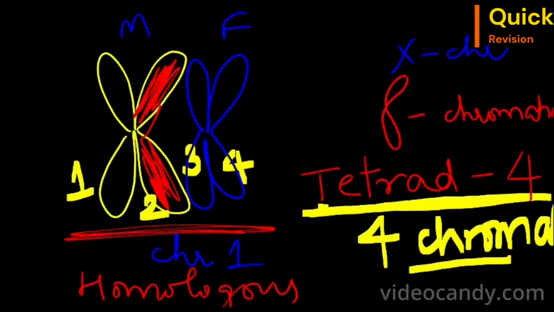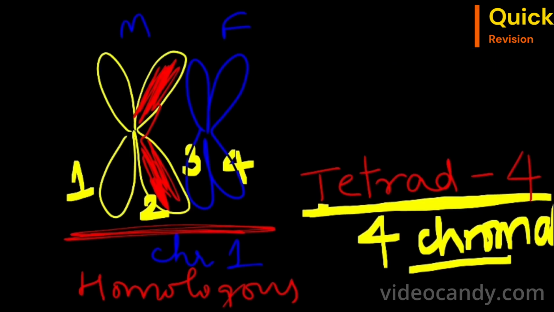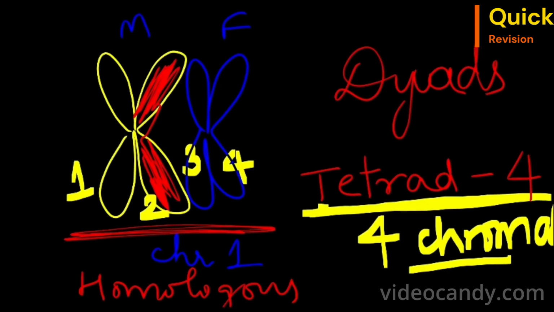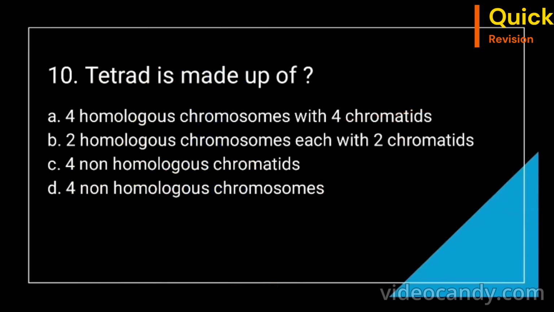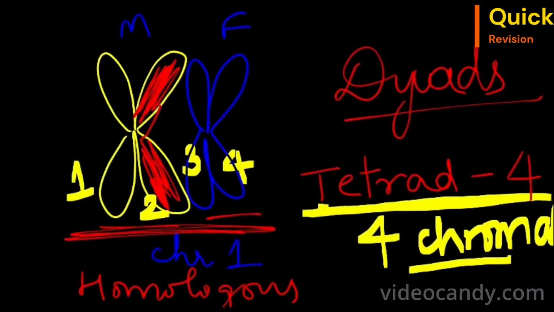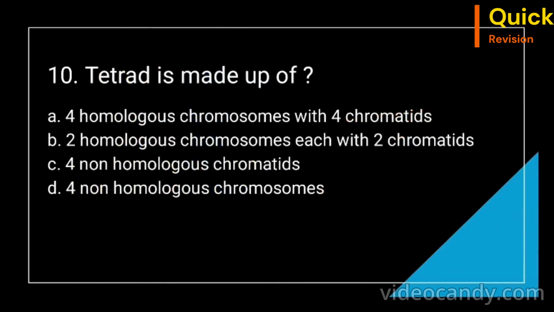There is one more name too. Let me erase this. We also call it dyads. Dyads means 2, 2. So let's go back to the question. Tetrad is 2 homologous chromosomes, right? 2 homologous chromosomes each with 2 chromatids.